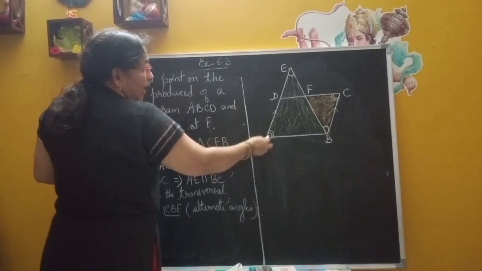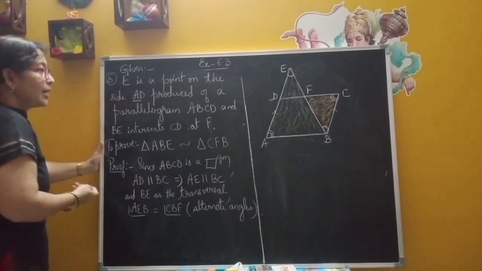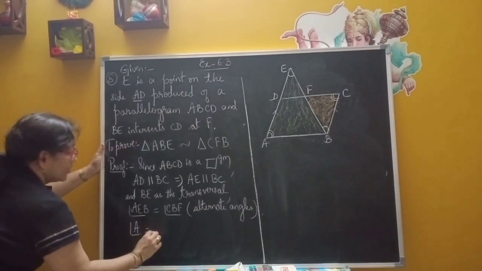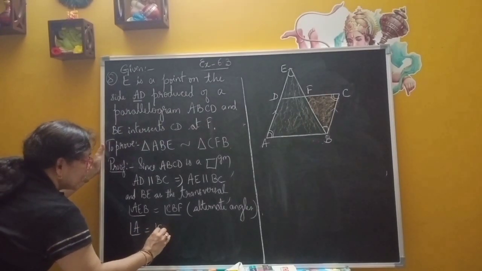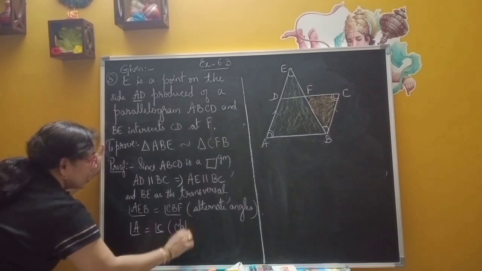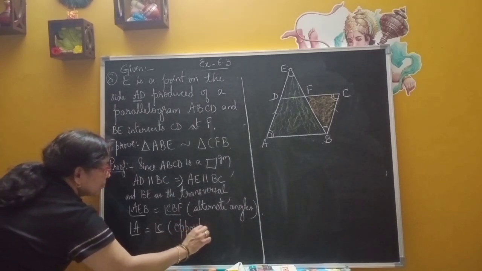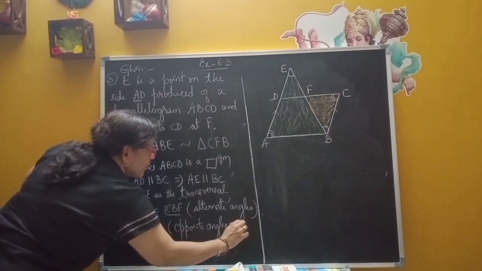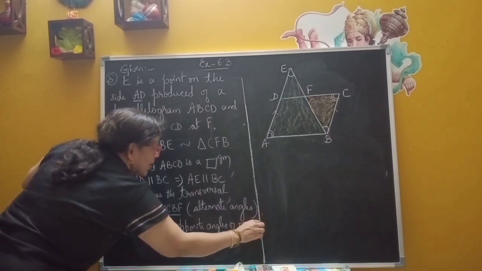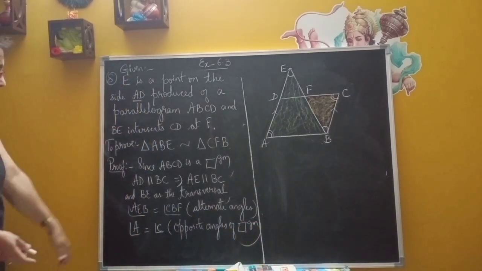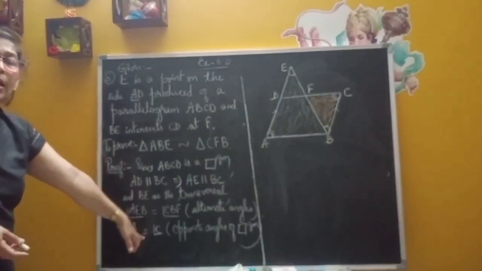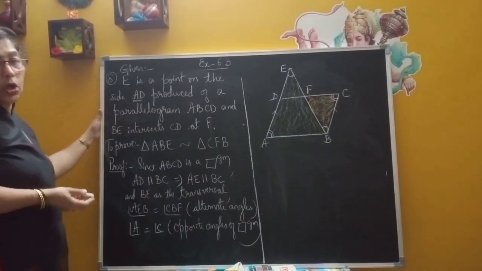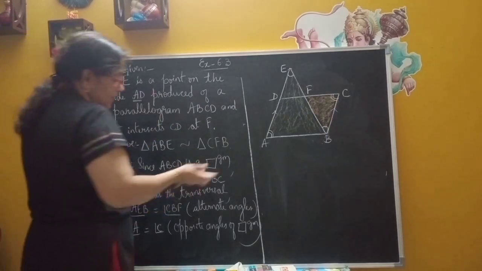Next, angle A is equal to angle C because they are opposite angles of a parallelogram. So by using AA similarity criterion, we can say triangles are similar to each other.